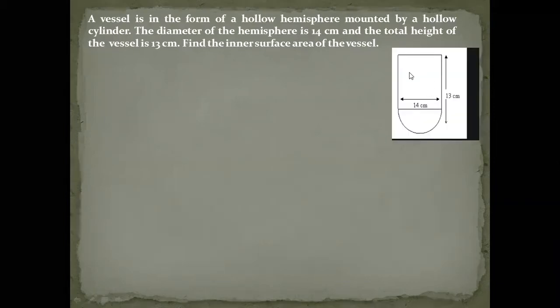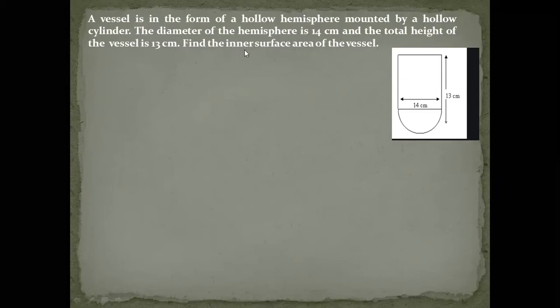You can see here, this one is your cylinder and this one is your hemisphere, and the diameter of this hemisphere is 14 centimeter. It is already specified. The total height is given as 13 centimeter.